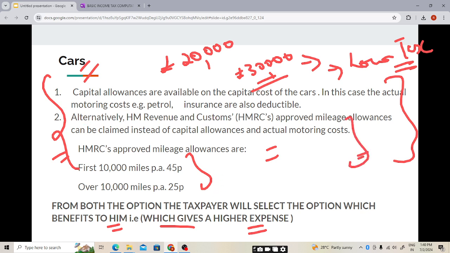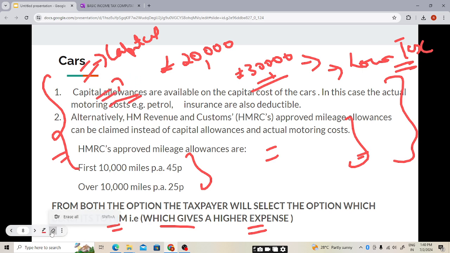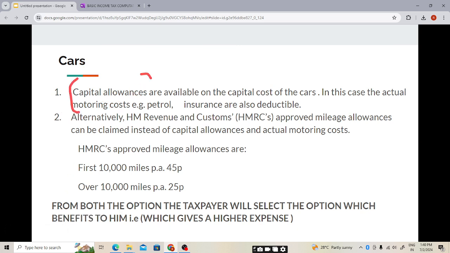So now students, do not get confused by what I told. The capital expenditure will not be allowed, and capital allowance will be only available under the capital allowances. What is the capital allowance? The capital allowances will only be available under the accrual basis, that is for capital expenditure for land and building.